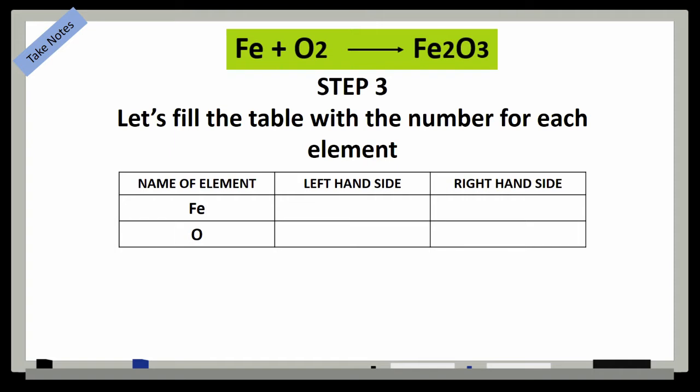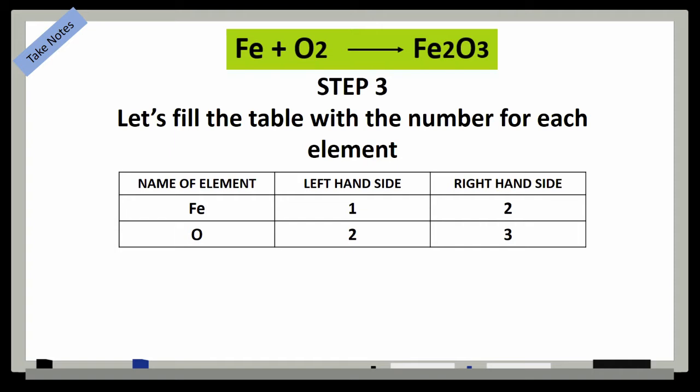Iron on the left side has no number, so it is 1. On the right side, it says Fe2, so that 2 belongs to Fe, so I'll put it as 2. Same thing with oxygen: on the left side it is O2, so it is 2, and on the right side oxygen is 3, which is O3. Now I have filled out the table.